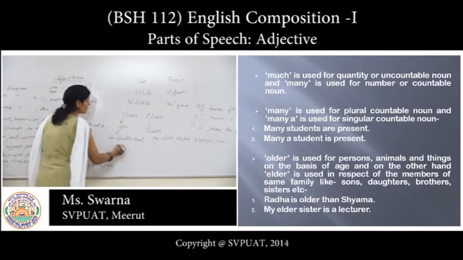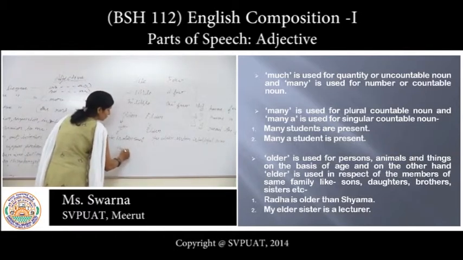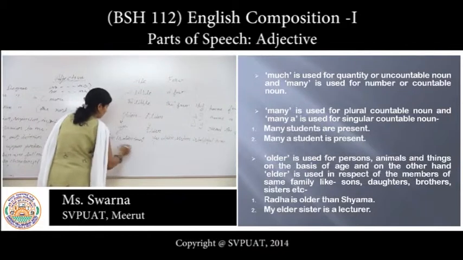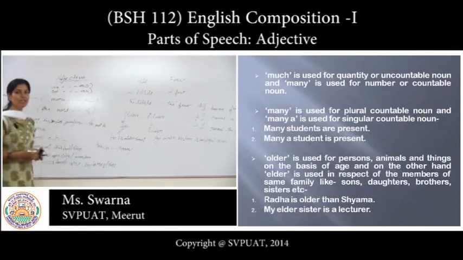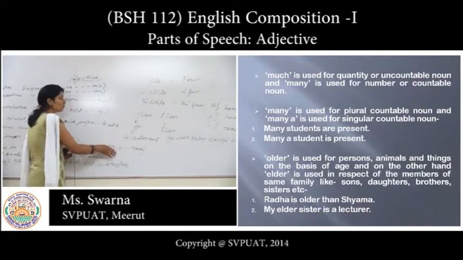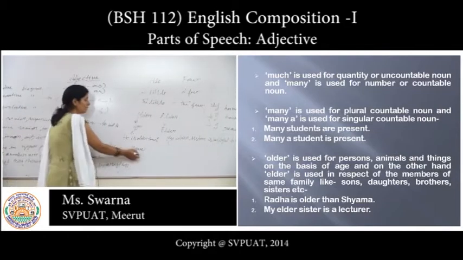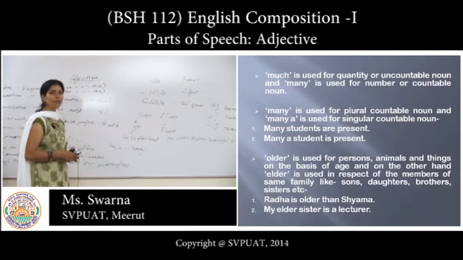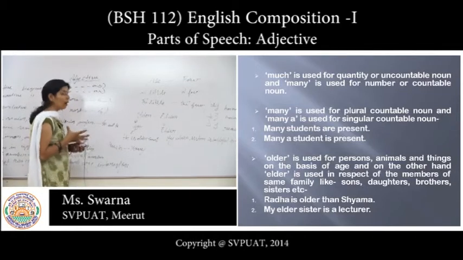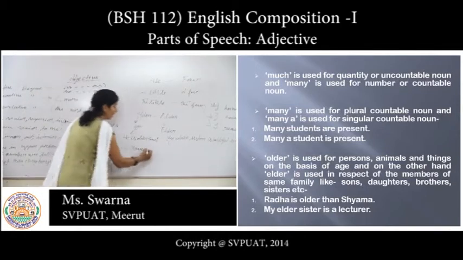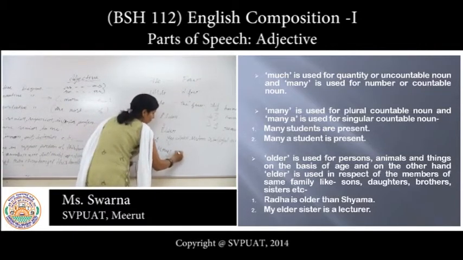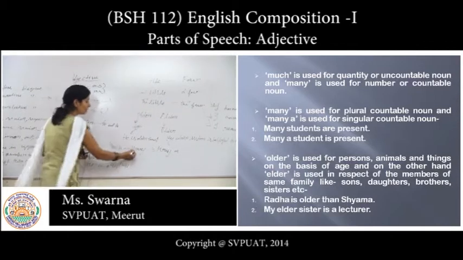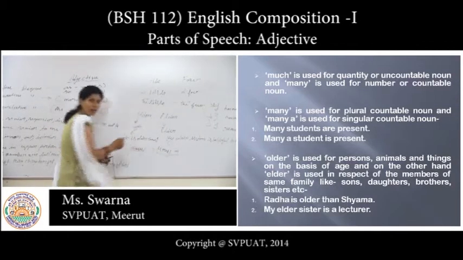And the next is, we use the words many and much. The main difference is that much is used for quantity and many is used for number, countable things. Sometimes we also use "many a." What's the difference between many and many a?